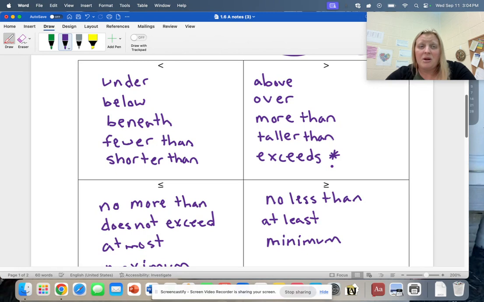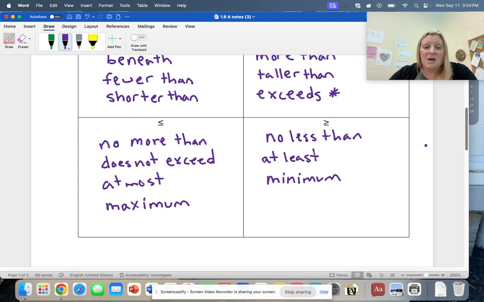For example, if you exceed the speed limit, you can get pulled over and get a ticket, right? If you decide after you're all grown up and on your own and you're over 21, you want to go out and have some wings and drinks with friends, for example, your blood alcohol content cannot exceed the legal limit. All right, so that's a word that we want to know.